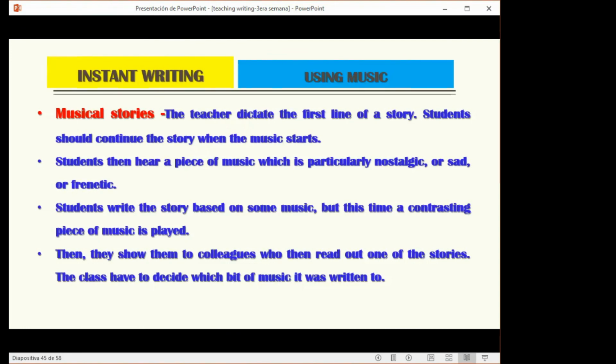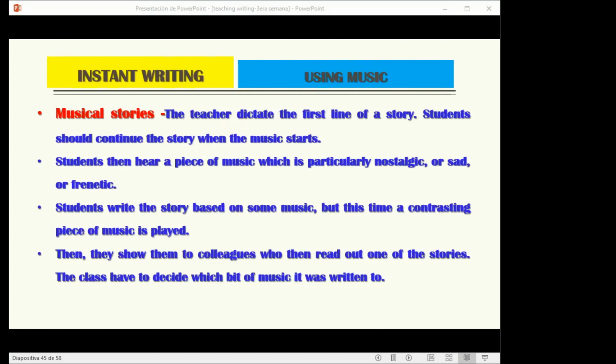So here we have this. Okay, oh, the time. So notice here, we were talking about the instant writing. Remember, this is in order to develop a writing habit in our students, so that they are going to be more fluent, more enthusiastic when they write, all right?